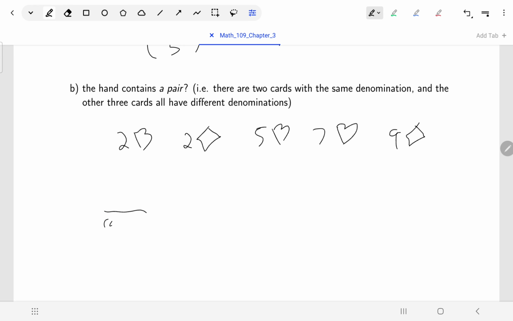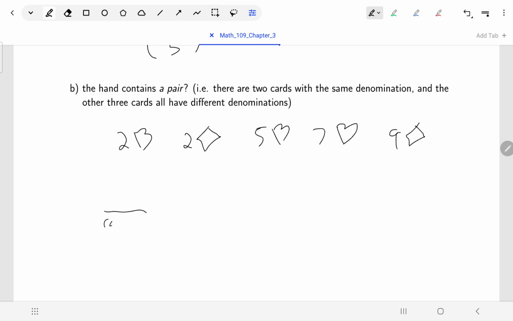So I have 13 ranks in total: ace, 2, 3, 4, 5, 6, 7, 8, 9, 10, jack, queen, king. I need to select one of them to be the rank that's going to be the pair. At this point, I've decided it's going to be a pair of 2s. Now you need to decide which of those 2s are going to be your pair. You need to decide which of the 4 suits you are going to have.